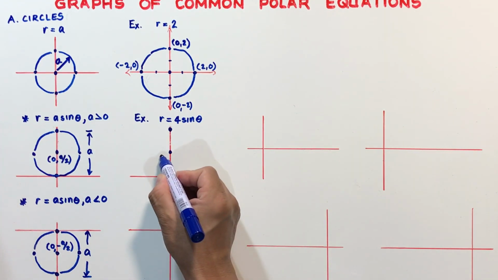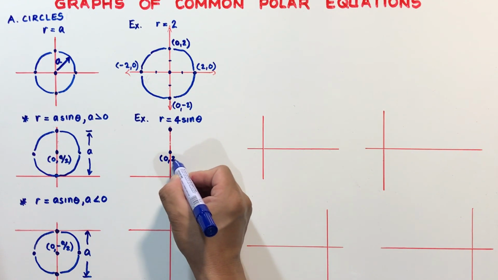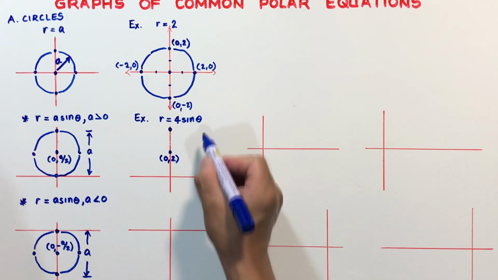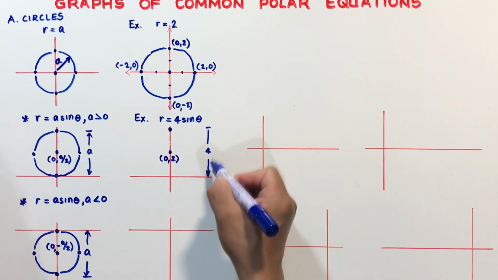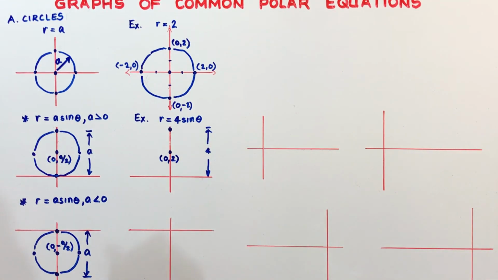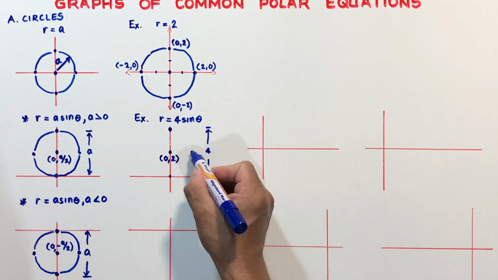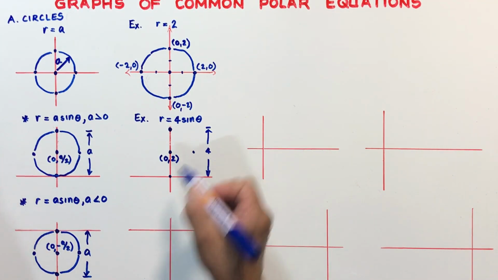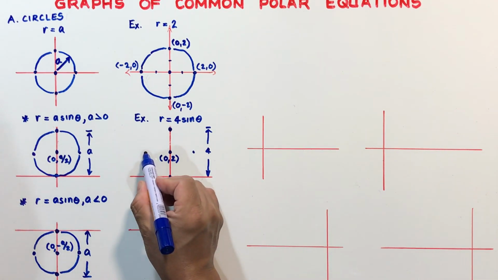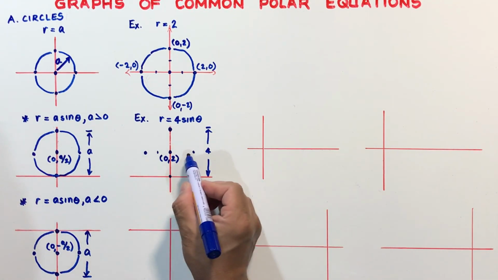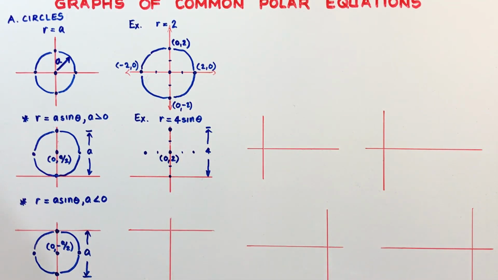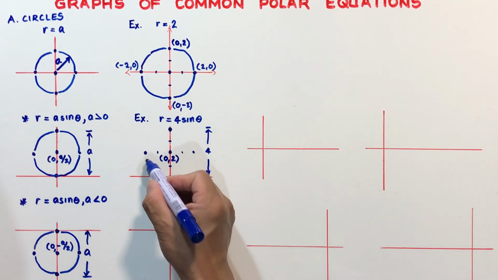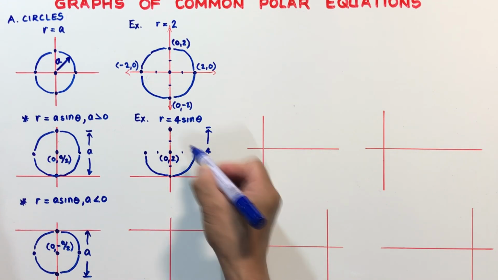So the center is at the point (0, 2), halfway to 4. Since the diameter is 4, the radius is 2. So you go 2 units to the right, 2 units to the left, 2 units upward, 2 units downward, and then you can sketch the graph of a circle here.